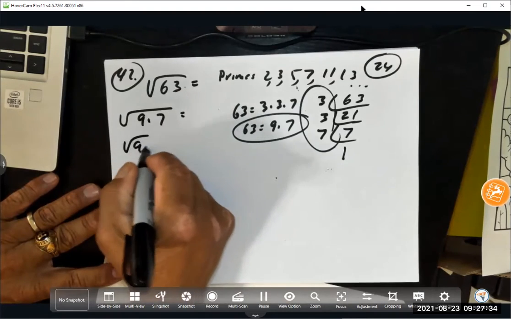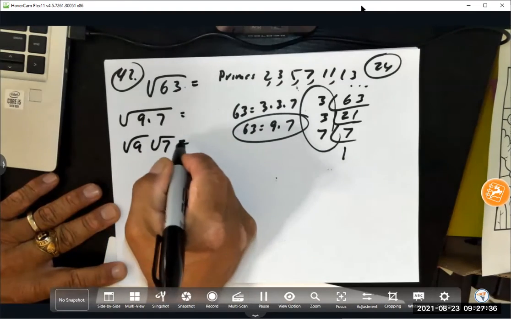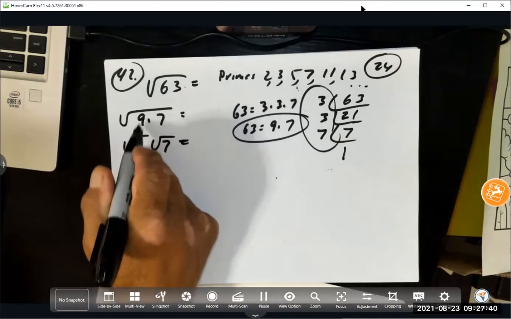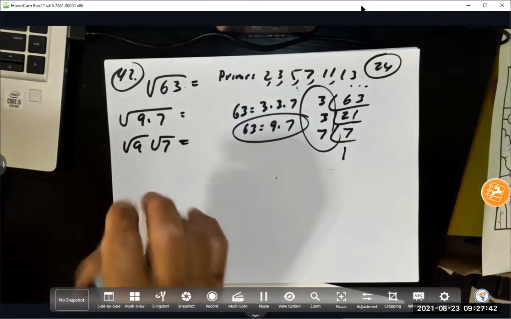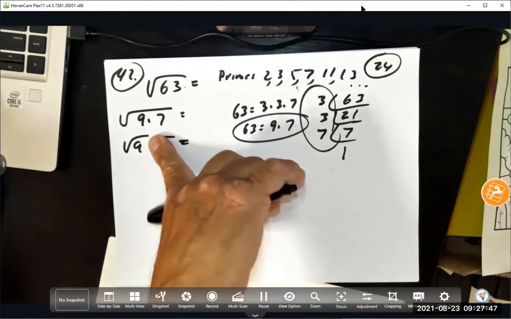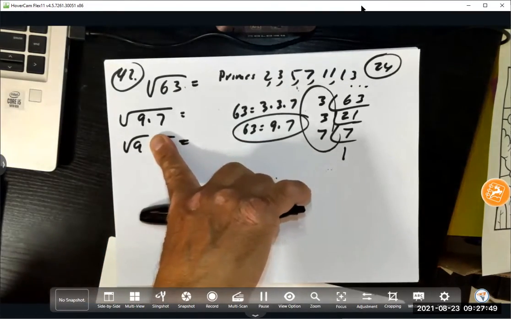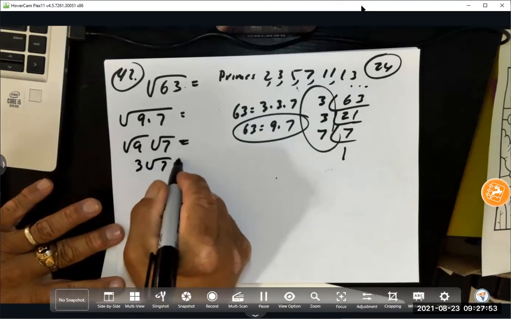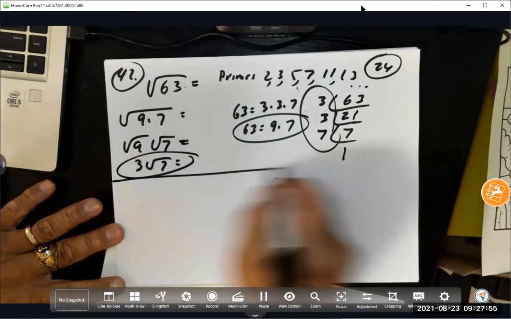The square root of 9 and the square root of 7. What is the square root of 9 right here? Just that part. 3. So this is going to be 3 square root of 7 is the final answer for this.